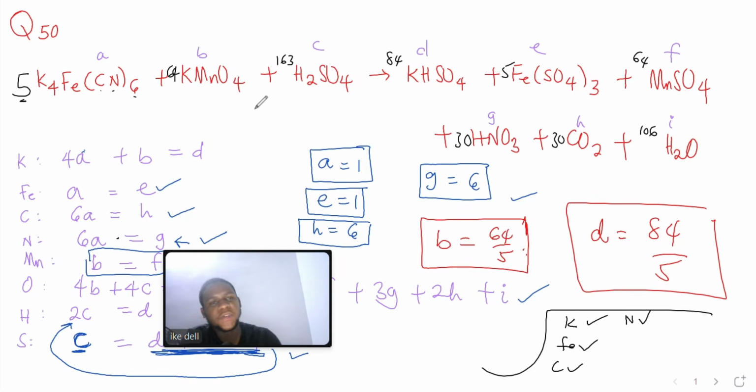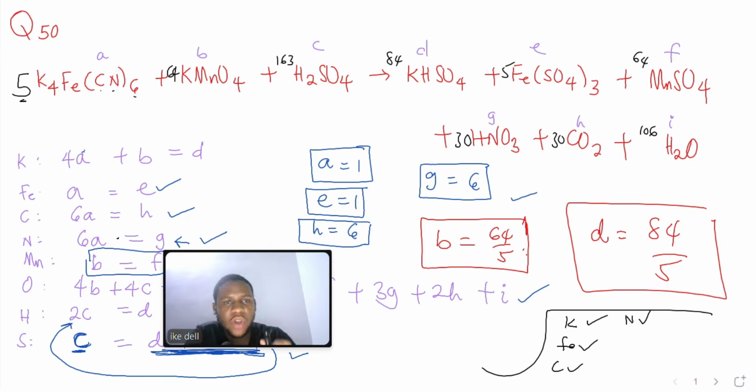Next is, okay, we already checked potassium. Potassium was 5 times 4, which is 20, plus 64, that's 84, and we also had 84, good. Manganese, Mn, is 64 here, and then on the other side is 64. That's also good.